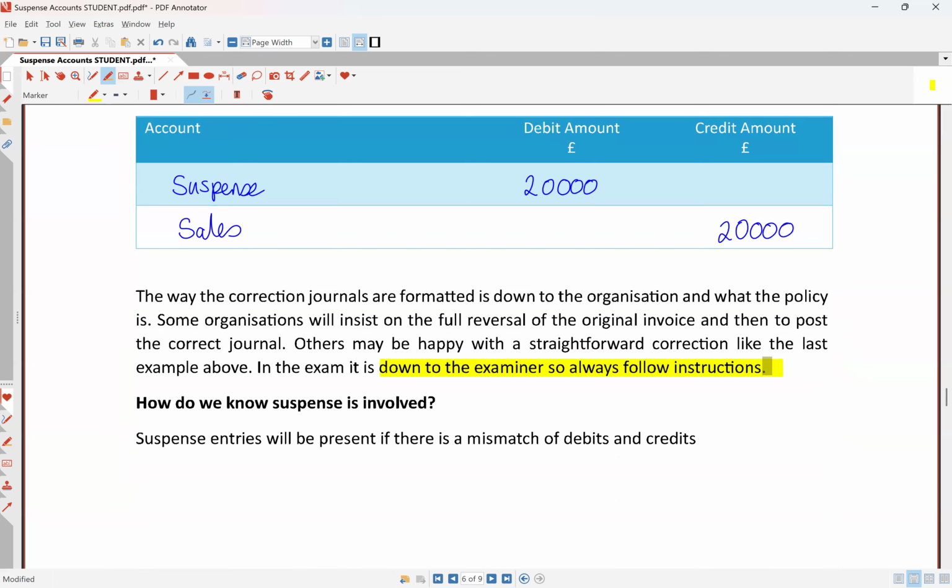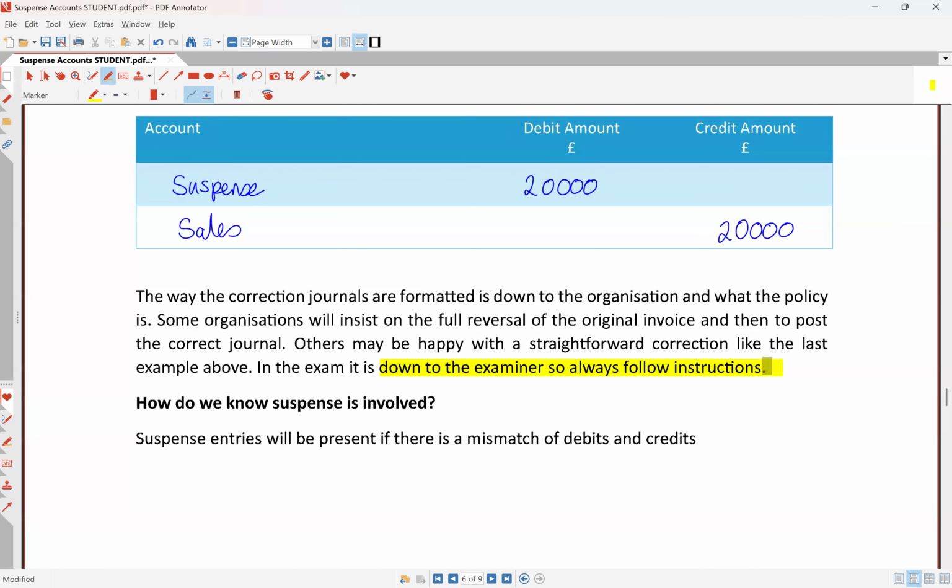Now, when you're doing questions and you think, well, how do I know, Caroline, if a suspense account is involved? There will be an imbalance. When you pull out your trial balance, and I know one of the questions they look at sometimes in Principles of Bookkeeping Controls at level 2, they often say, will this error be identified by the trial balance or will it not?